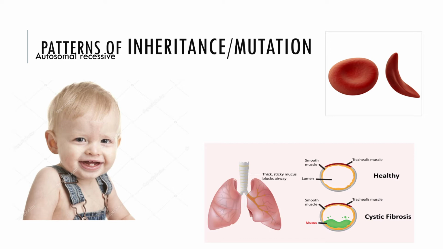They may not have any symptoms, but the affected individuals may have unaffected parents who are heterozygous for the trait. So let's think about inheritance. If you have children of two heterozygous parents, then they'll have a 25% chance of being affected and a 50% chance of being a carrier. And there may be no family history of that disease.